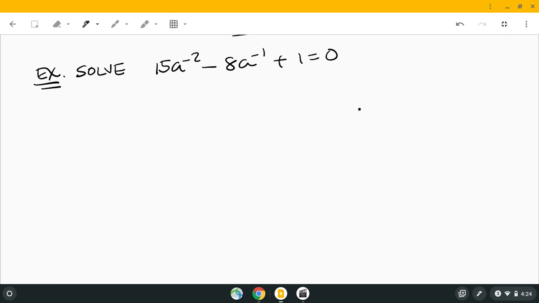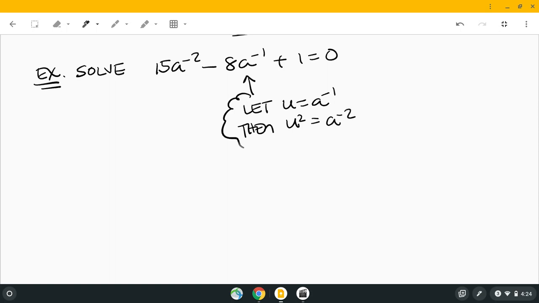All right, so I'm going to let u equal a to the negative 1. Then if I square this, I get u squared. If I square this, I get a negative 2. Okay, so now I can replace these. Replace this one with u squared, replace this one with u.